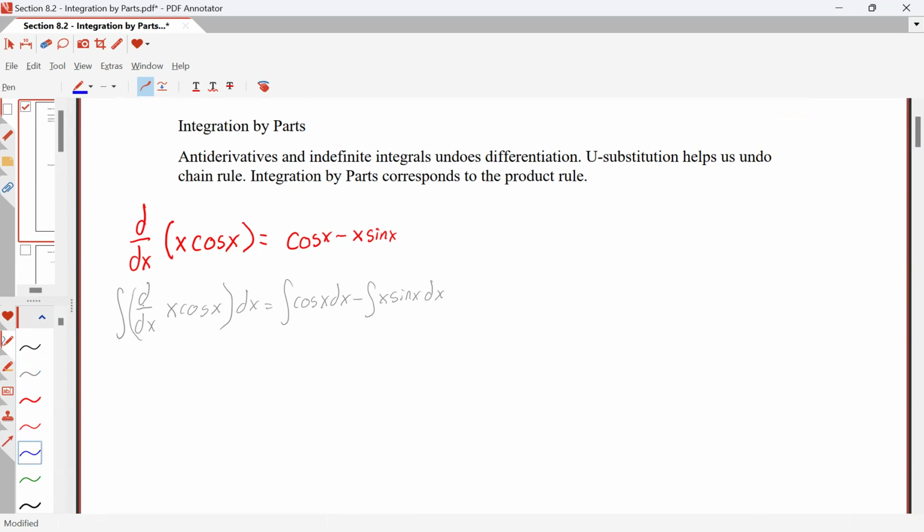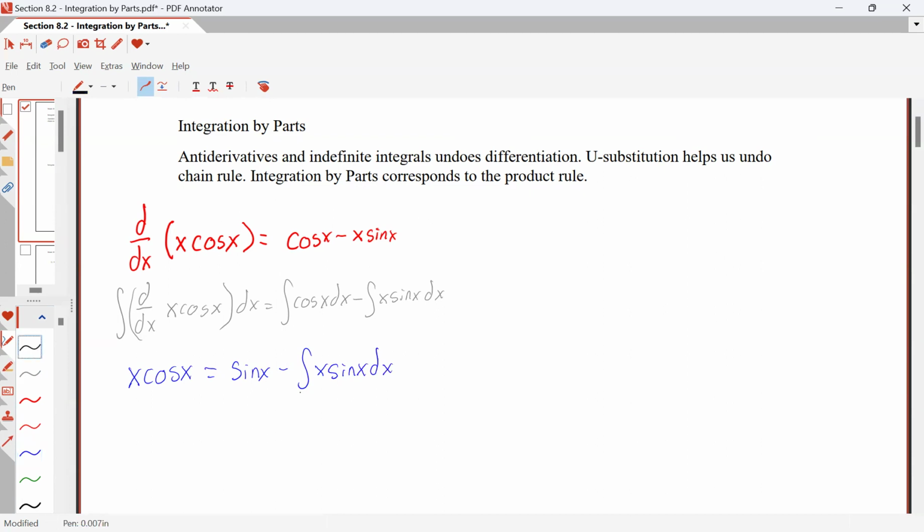For this first part, the integral of something that we're taking the derivative of is just that function itself. That is x cosine x, and we integrate something we've differentiated. The integral of cosine is sine, and we don't yet know the integral of x sine x dx.